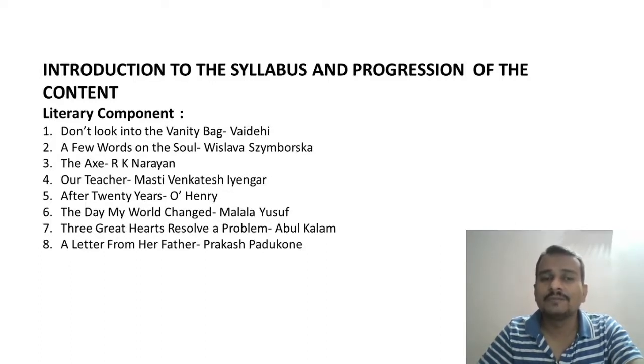The third text is The Axe. The Axe gives us an idea about the society in transition. Due to modernity and urbanization, our lives have been changed drastically. What kind of changes?